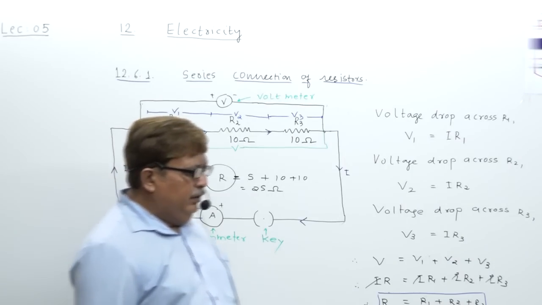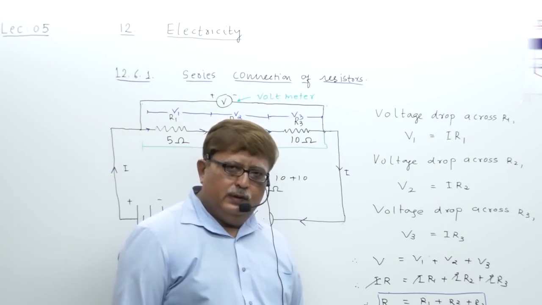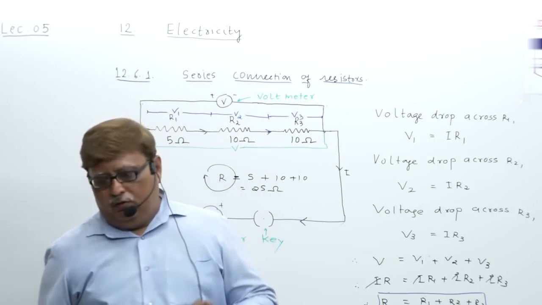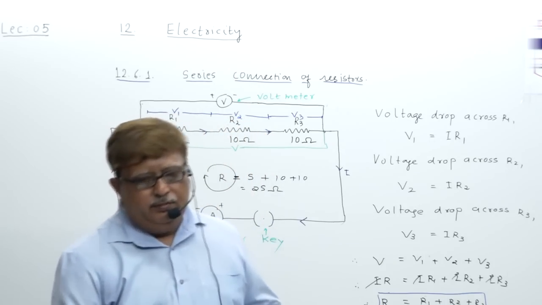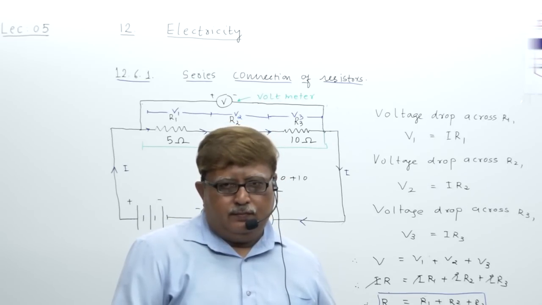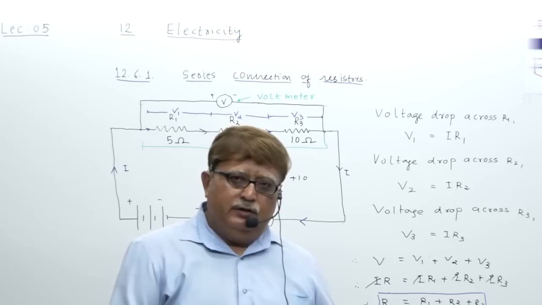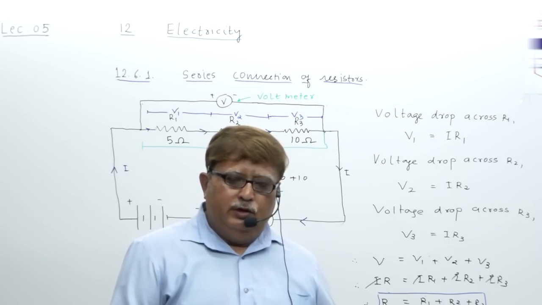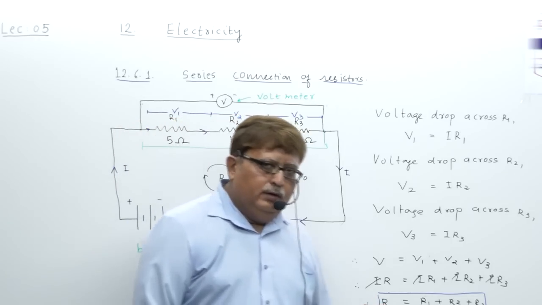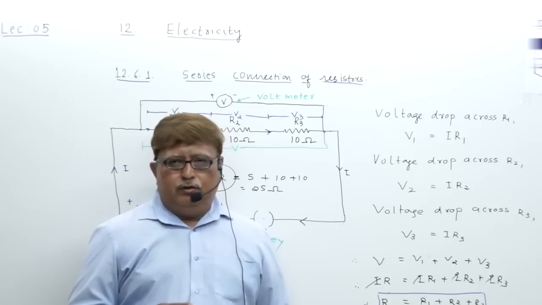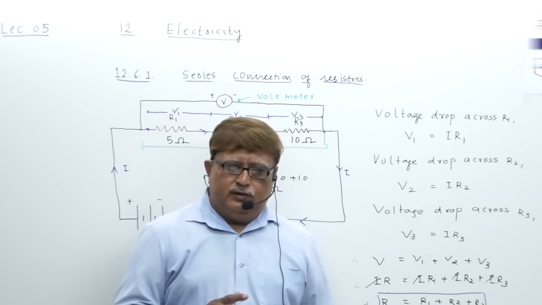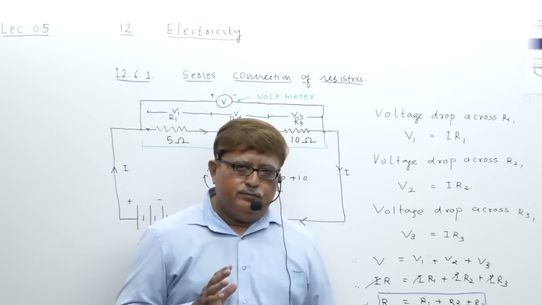It's not so difficult to answer any numerical, because for solving any numerical regarding series connection, you have to keep only two things in mind. First, the formula of total resistance. What is that? R equals R1 plus R2 plus R3.